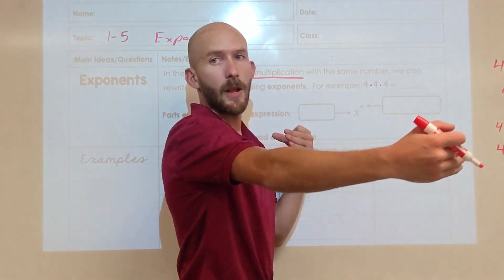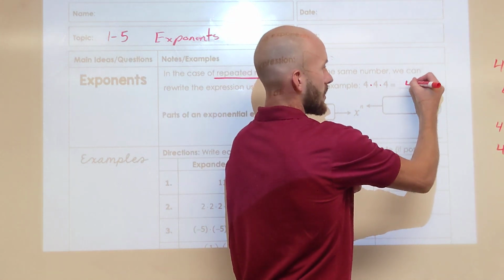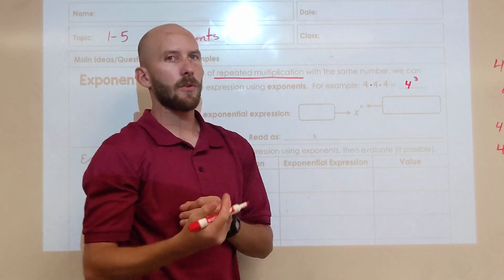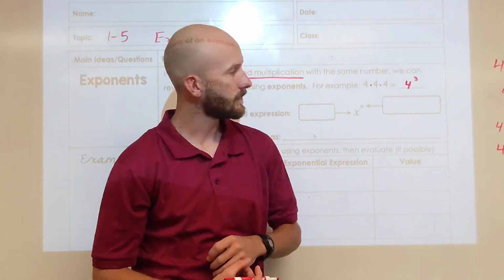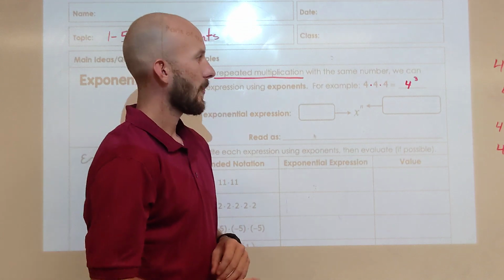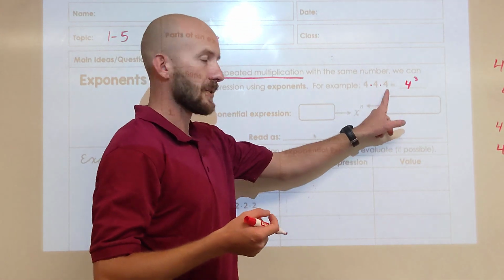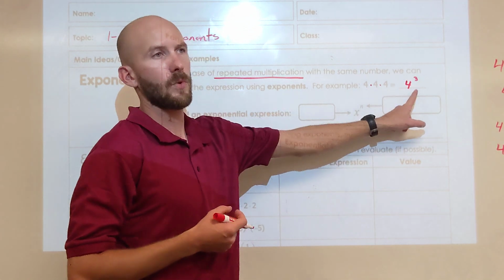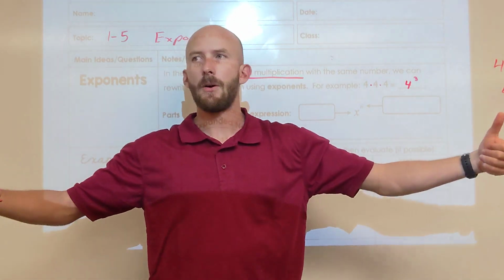Instead of having it written out multiplied a whole bunch of times, we can write it using exponents, and that is 4 to the 3rd power is the way that we say that. So if it's multiplied by itself repeatedly, we can just write it using an exponent instead of having it written all out multiplied.